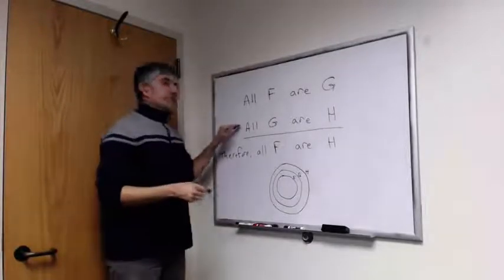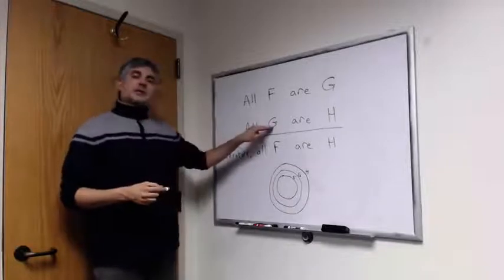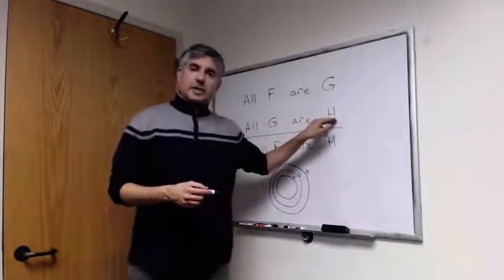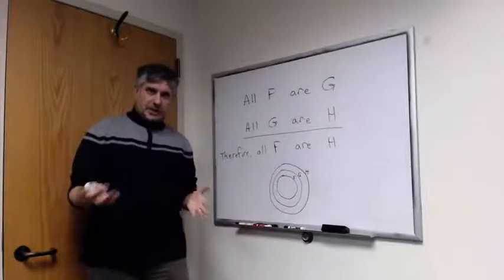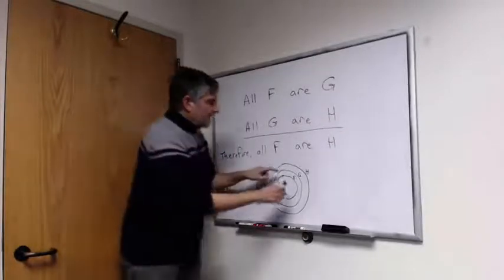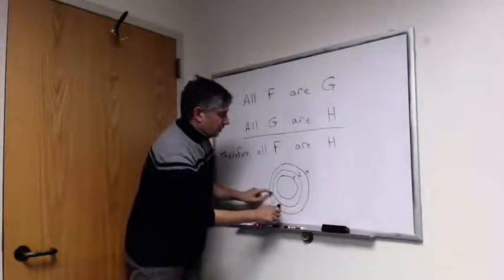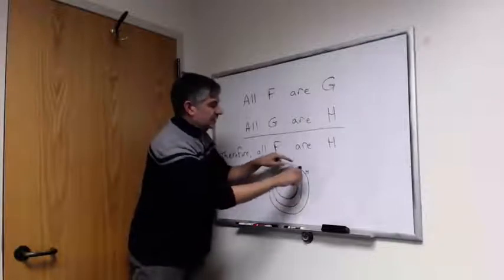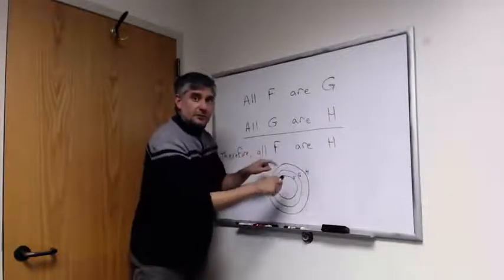So the second premise says all the things that are in the category of G are also in the category of H. We can represent that in a Venn diagram by having the circle of all the G's be inside the circle of all the H's.